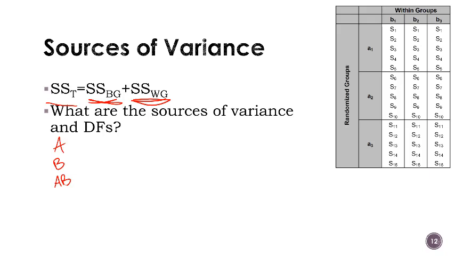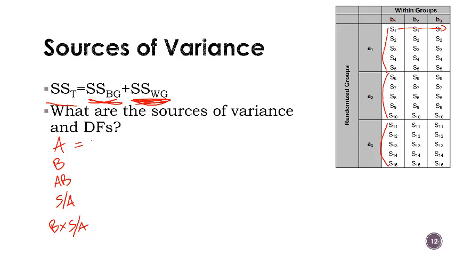The within groups part, we have an S within A, because all these subjects are nesting. They're going across the B levels, but these folks are the same folks, they're only in A1, so they nest in A1. These folks nest in A2. These folks nest in A3. So we have an S within A, and then we have a B by S within A.